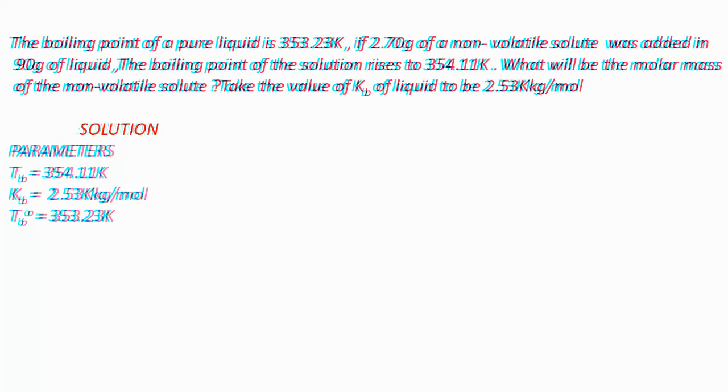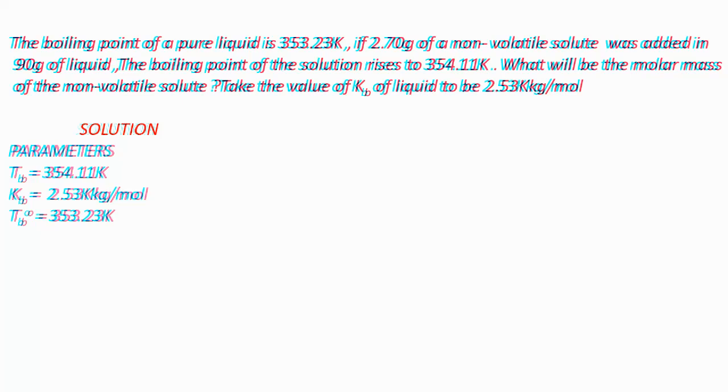Now, from there, let's take a very close and understandable look at this question. It said if 2.70 gram of a non-volatile solid was added in 90 gram of liquid. If what does that bring to your mind? In 90 gram, it means before the 2.70 gram is added, there is already 90 gram in the solution.